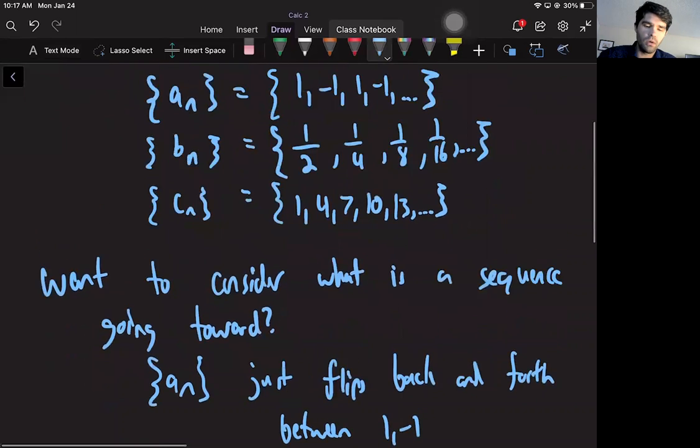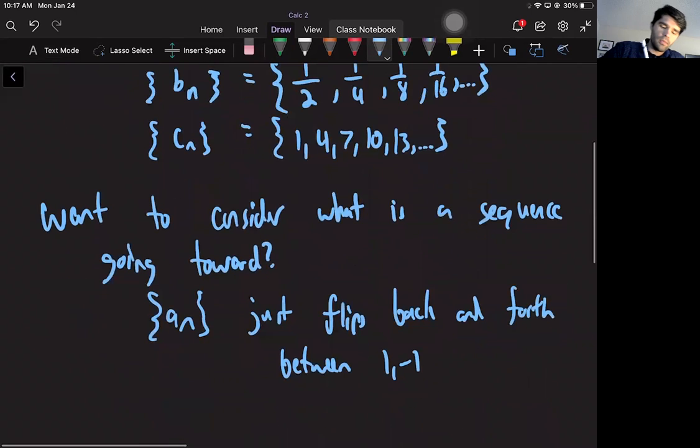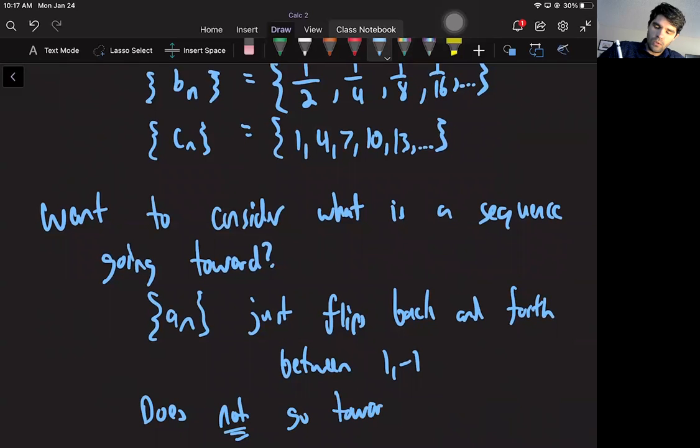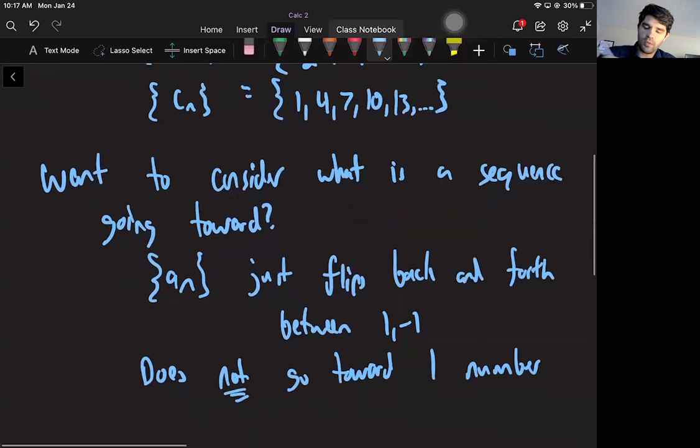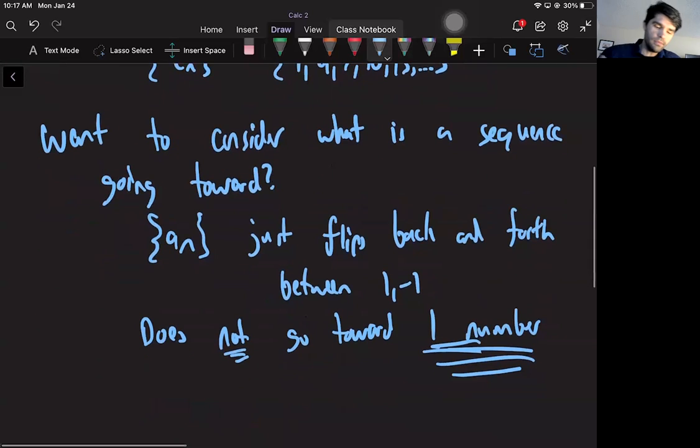So it doesn't really go toward a single number. It has to go towards one number. It does sort of go towards 2 numbers at the same time, but we really want it to go towards 1 number. And it does not do this.